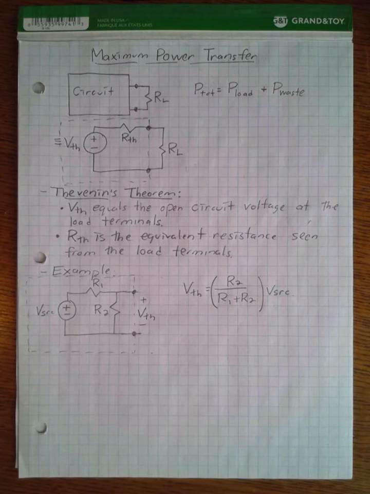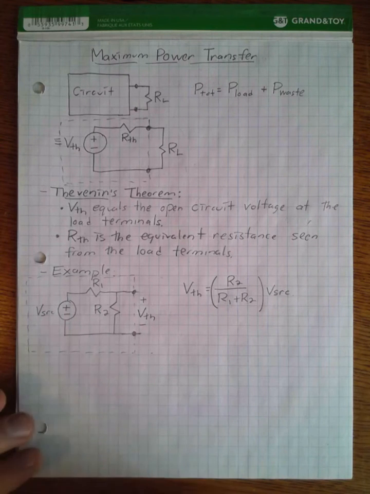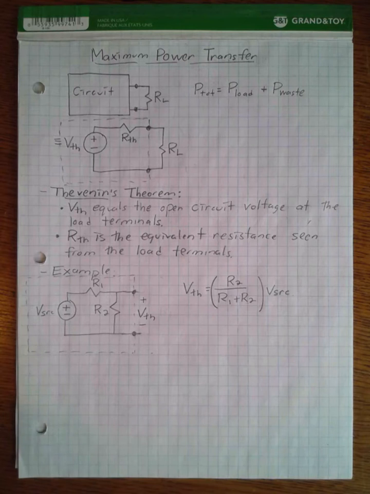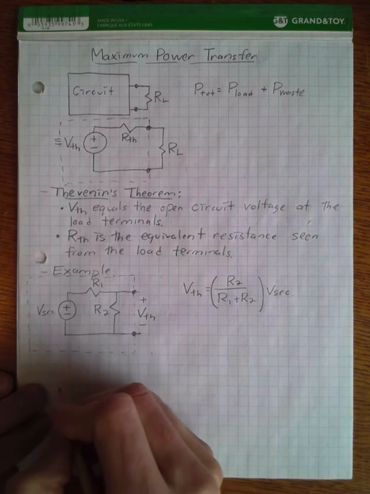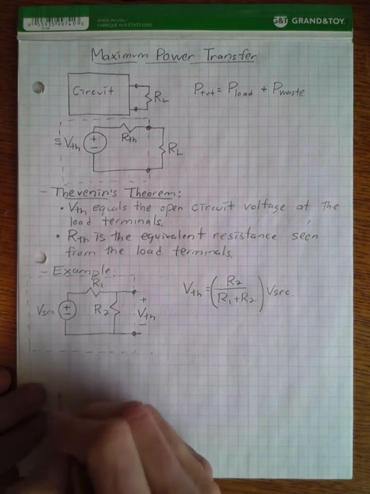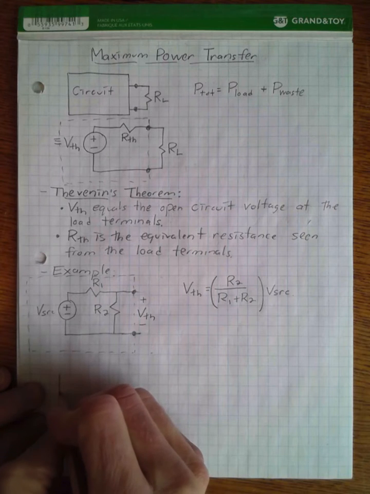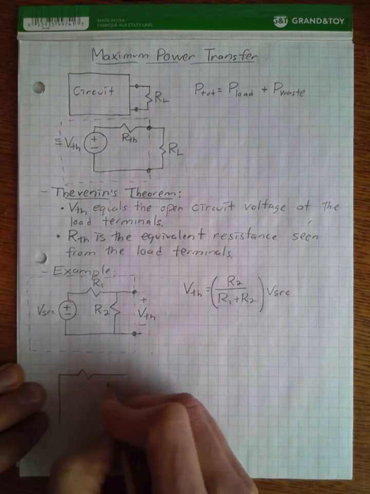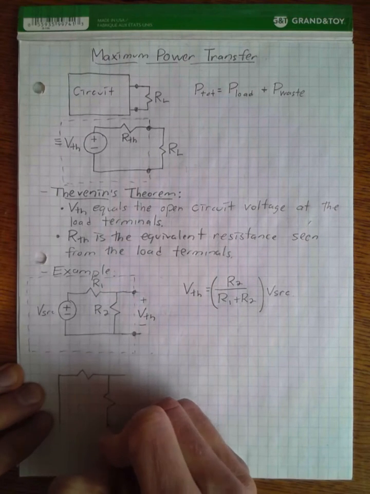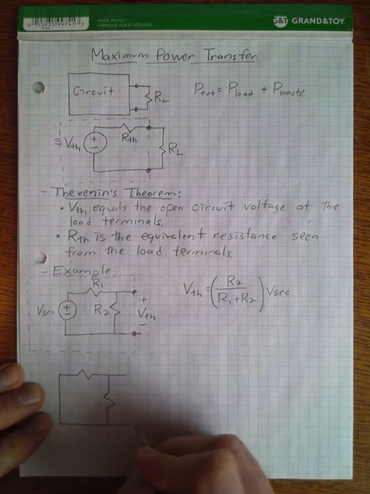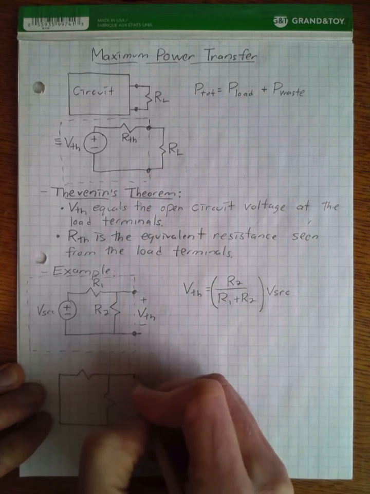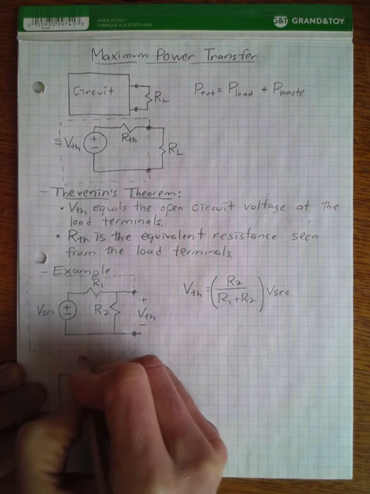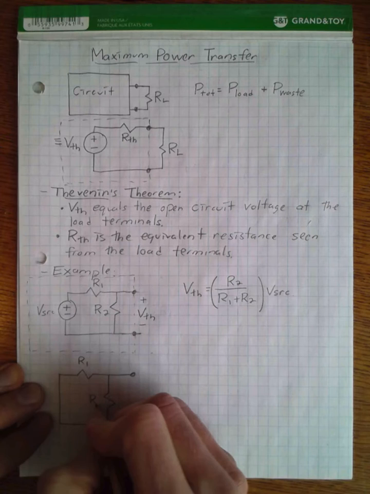And the Thevenin equivalent resistance, in contrast, is found by replacing all voltage sources with short circuits. And so if we replace this voltage source with a short circuit, we still have R1 and R2.